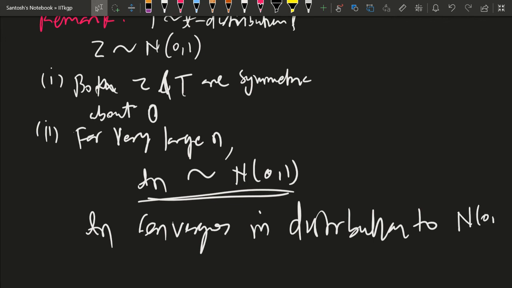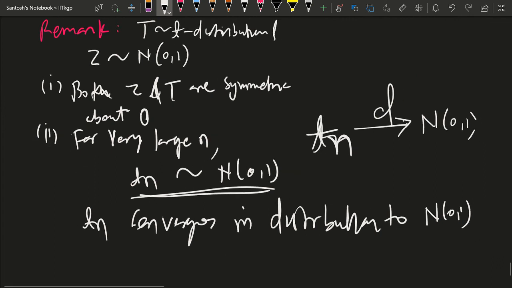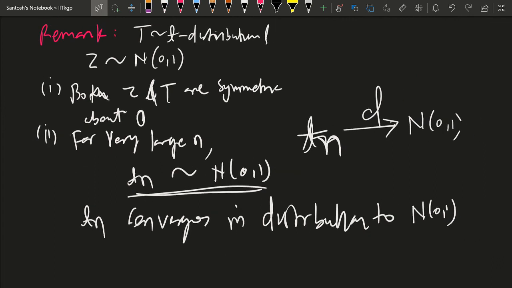Here Tn is a t distribution with n degrees of freedom. Approximately, if n is at least 30, they behave almost the same.